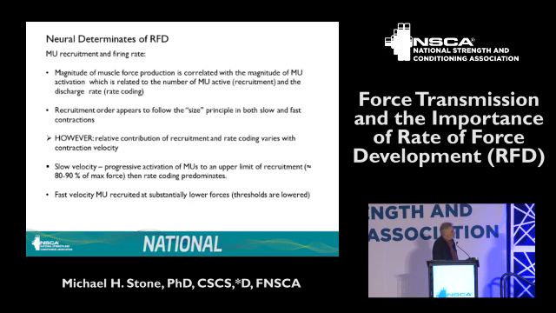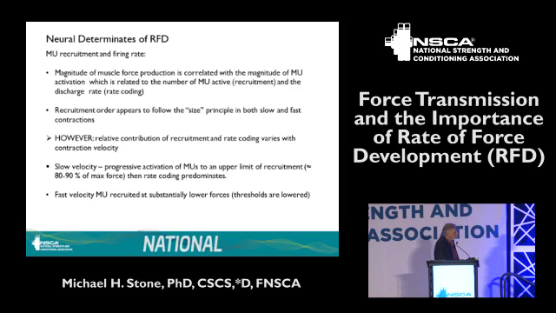And the magnitude of force production is correlated with the magnitude of the muscle activation and therefore motor unit activation, both related to the number of motor units activated and also the discharge rate, that is, rate coding. Also, recruitment order appears to be pretty consistent. Whether it's fast or slow contractions, the size principle seems to hold.